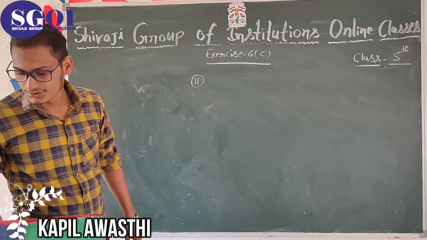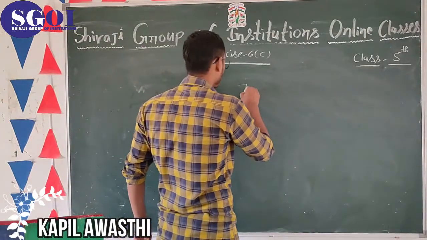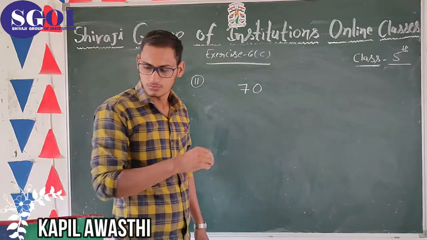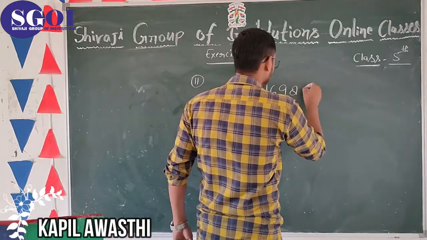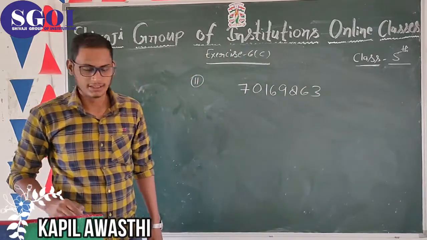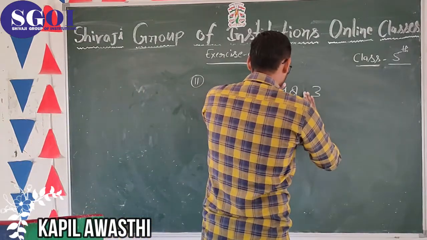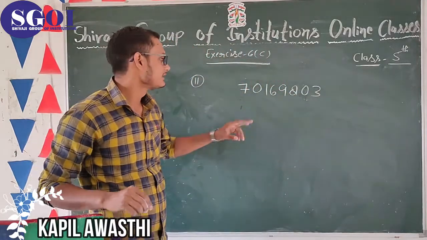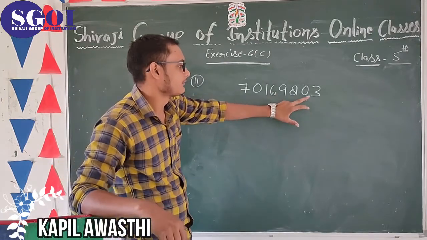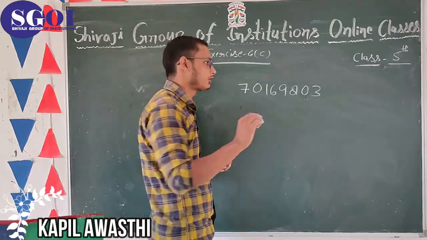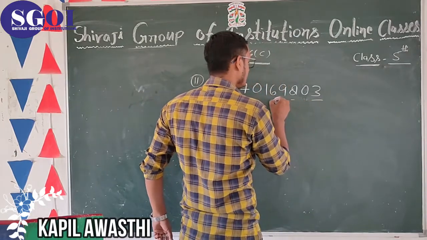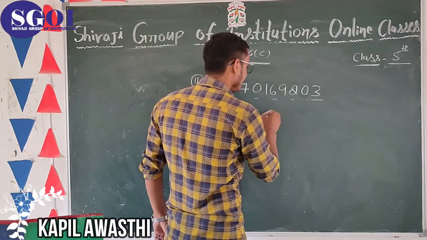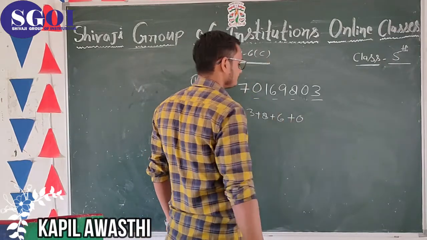Now question number 2, 70,169,863,800. Is this number divisible by 11? So students, the sum of the odd place digits, places 1, 3, 5, 7: 3 plus 8 plus 6 plus 0 gives 17.